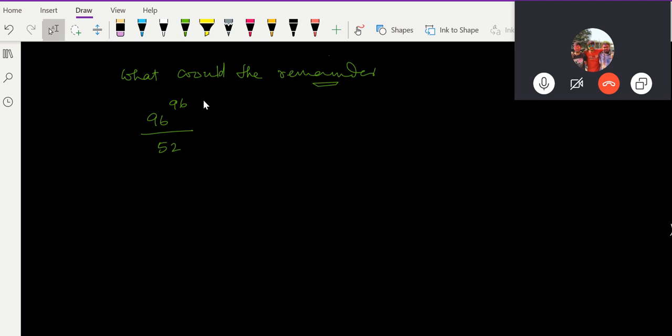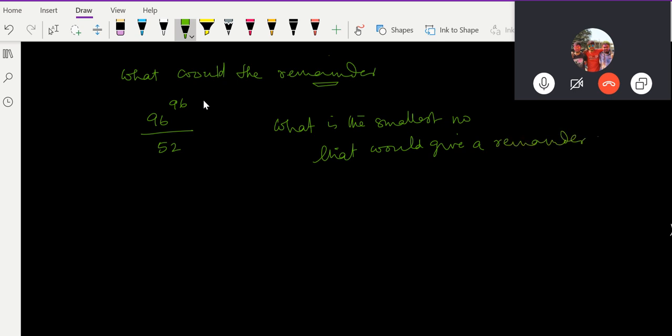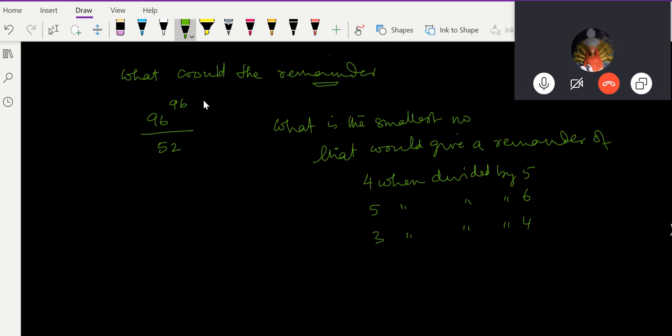Let's say I have a question like this. What is the smallest number that gives a remainder of 4 when divided by 5?